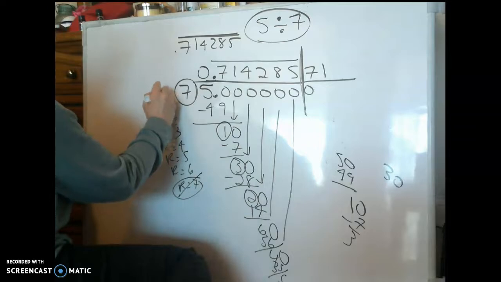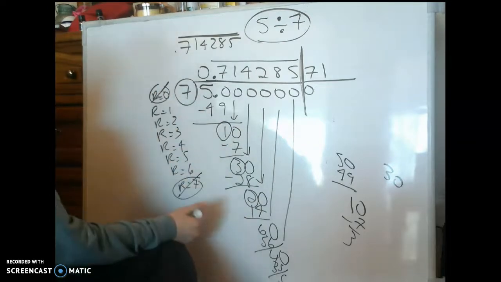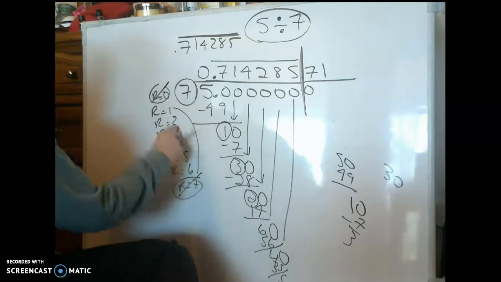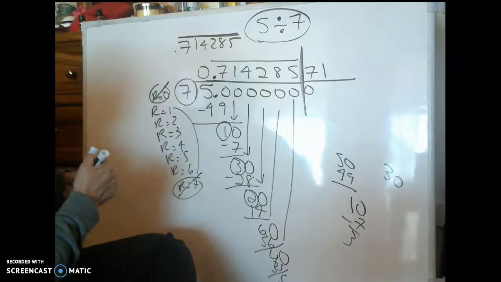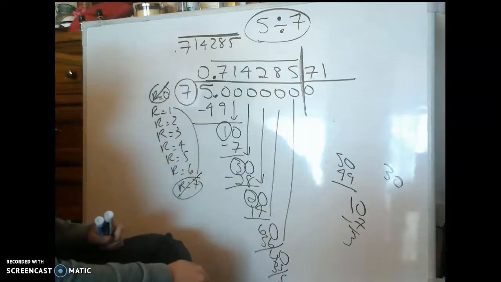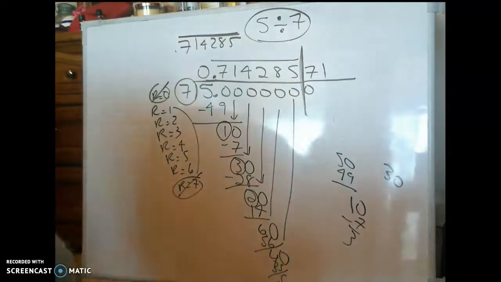And you can't get a remainder of 0 because then this would have had to be a terminating decimal. So there are 6 times I had to divide, and this time I actually had to do all 6 of them to figure out what my repeating decimal was. And that's kind of the worst case scenario. Sometimes you find it sooner, which is nice.